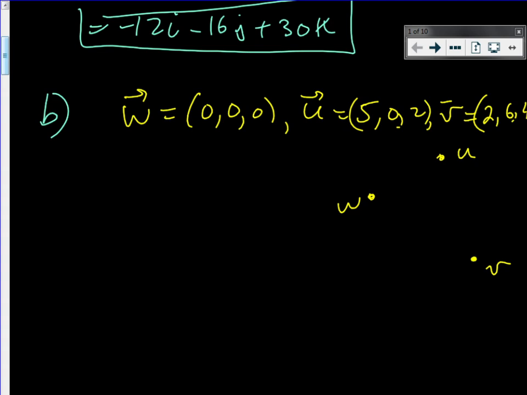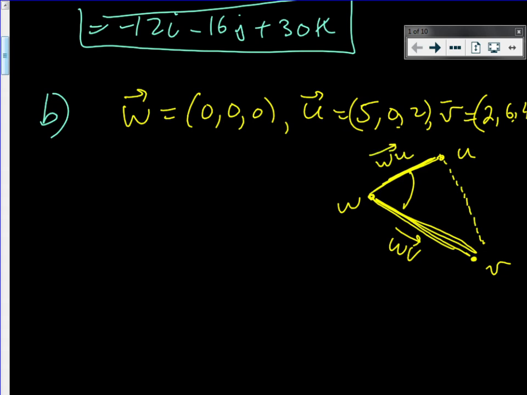If we know these 2 vectors, that would give us what angle this is. That is, the third side would be determined, and that's the triangle. We will call this vector WV, and we'll call this vector WU.